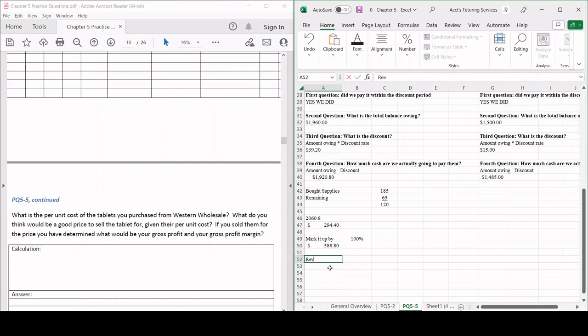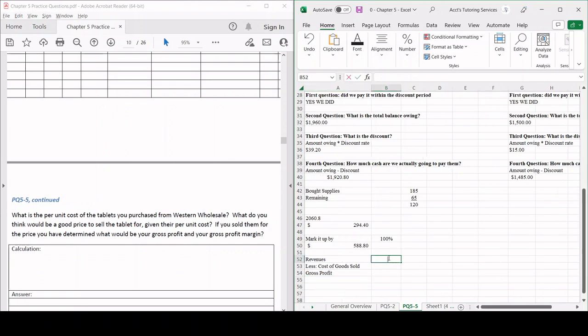Now remember, revenue less cost of goods sold gives us gross margin or gross profit, right? So in this case, our revenues is 588.80. Our cost of goods sold is 294.4. That means our gross profit is going to be 294.4, correct?